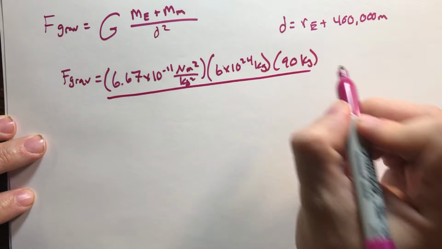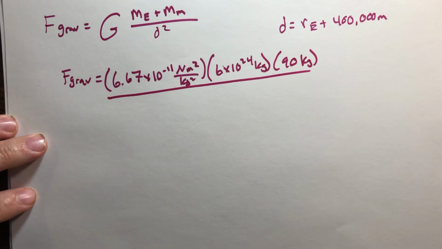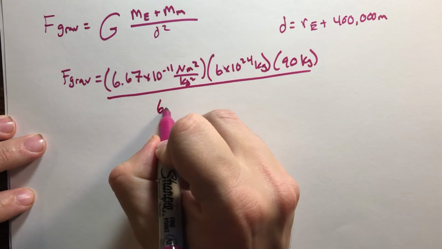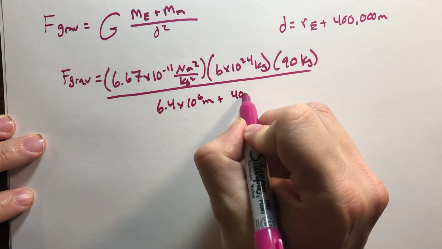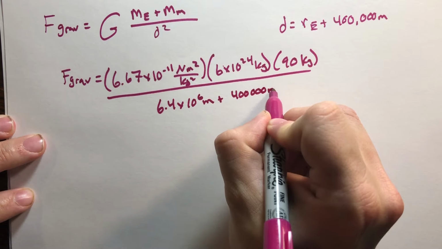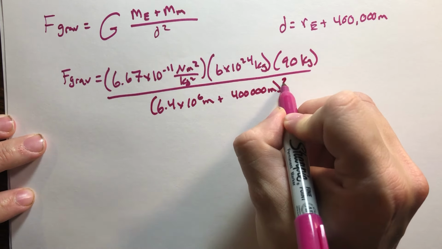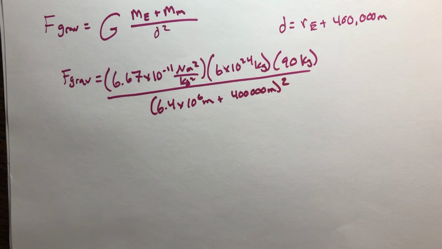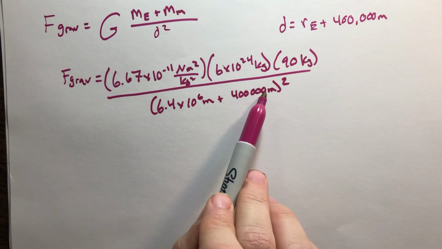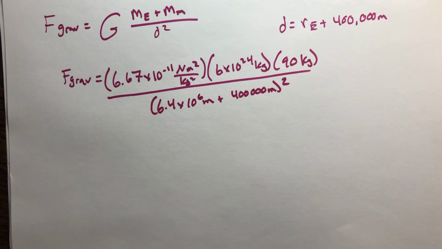And now we have to divide it by, well, we'll just put both of them together. Radius of the Earth is 6.4 times 10 to the 6 meters, plus 400,000 more meters. And then make sure you square the outside. This actually becomes 6.8 times 10 to the 6th. If you notice, 1, 2, 3, 4, 5, 6 puts it there, so it's actually 6.8.